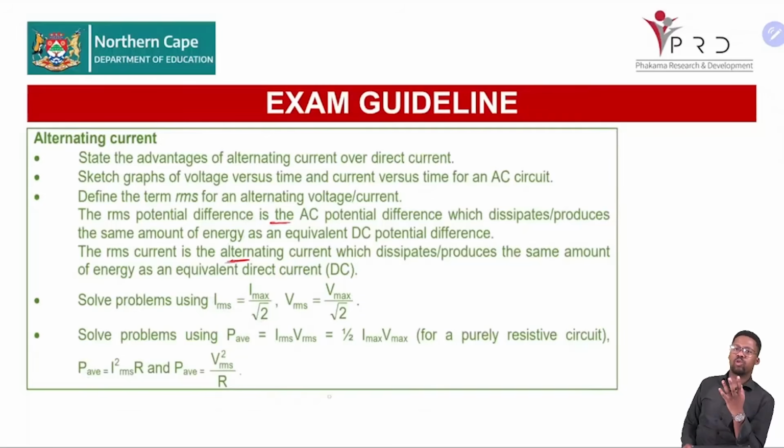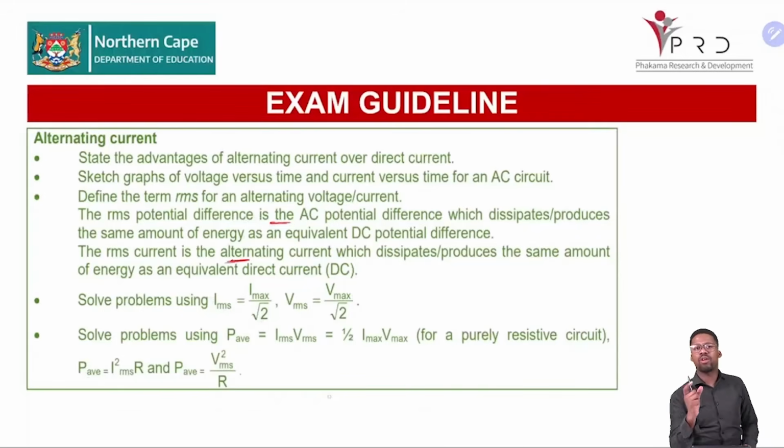But what I wanted to emphasize here is the issue of subscripts. If you don't put the word RMS, then you must know that formula will be marked wrong, the substitution will be marked wrong, even your correct answer will be marked wrong. Wrong formula, wrong everything.